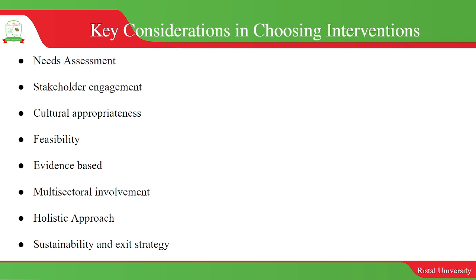So sustainability becomes very important. Capacity building of staff, making sure that the community owns the projects, all these interventions. These are very important, such that your exit does not mean that the child protection interventions are going to be down.